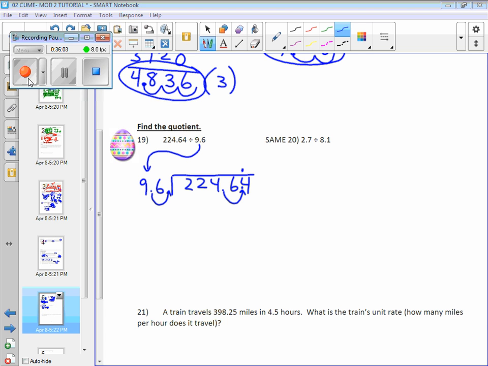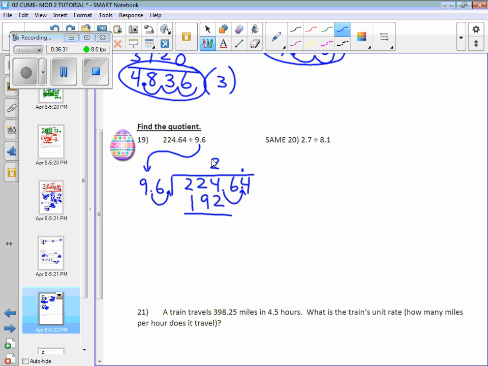All right, now that everything is set up, I can't do 96 into 2 or 22, but it does go into 224, 2 times. When I do 96 times 2 off to the side, I wind up getting 192.